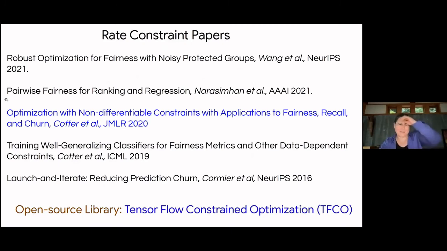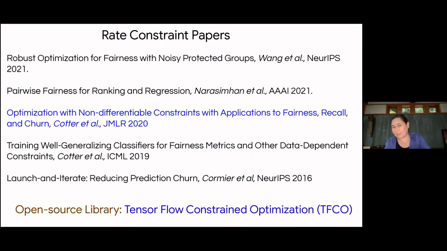Okay, here's a few papers we wrote about all that. The most useful one, probably at least to start, is the JMLR 2020 paper, which talks a lot about these real world needs, about churn, about fairness, and what kind of constraints you might want to write, as well as that non-zero sum two-player game approach.